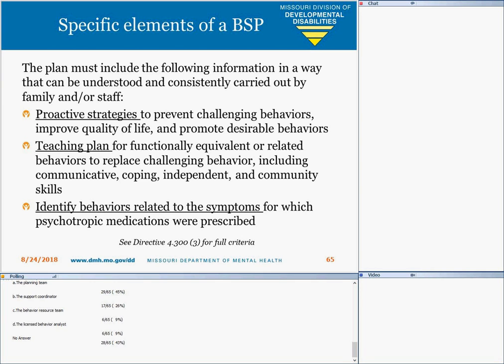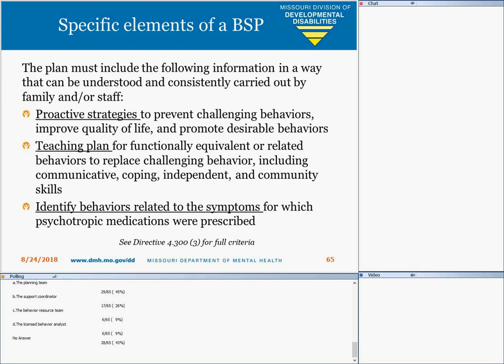They plan to include proactive strategies that will serve to prevent challenging behaviors. They should improve the quality of life of the individual, and they should promote desirable behaviors. They include a teaching plan for functionally equivalent or related behaviors that will replace the challenging behavior.